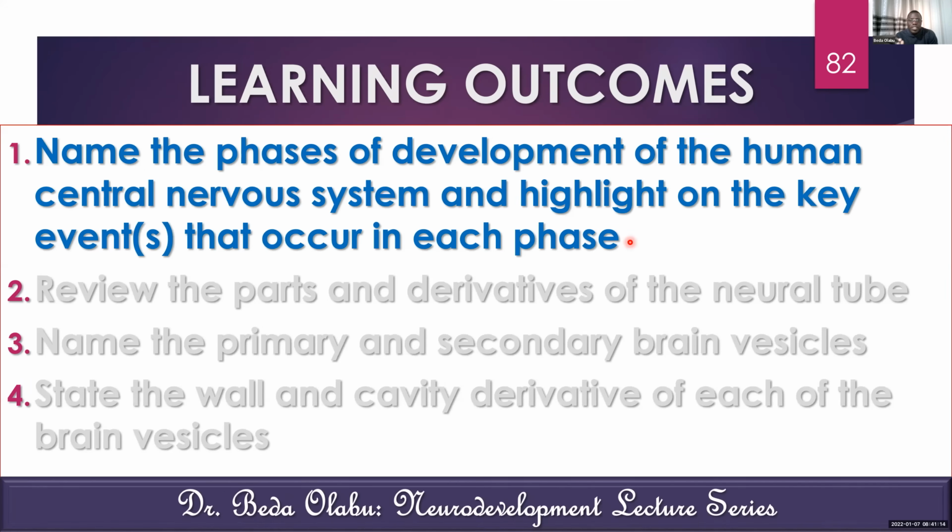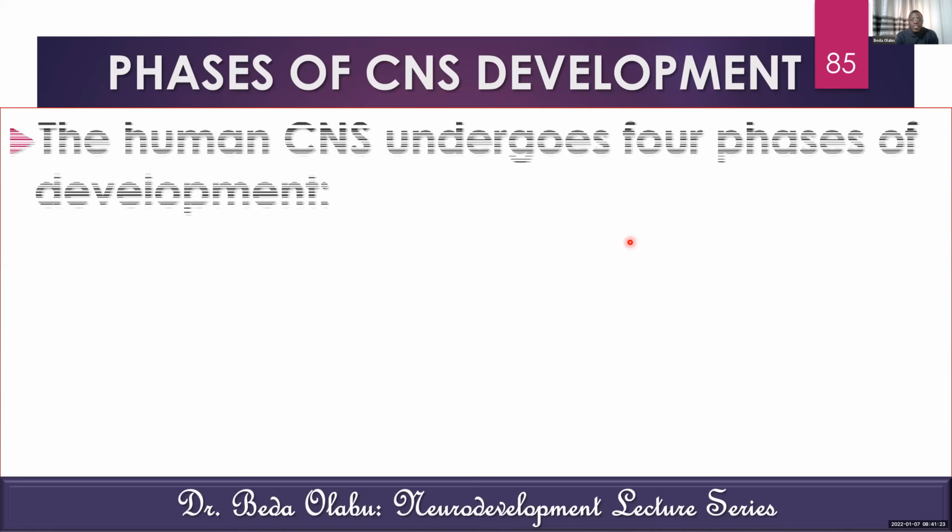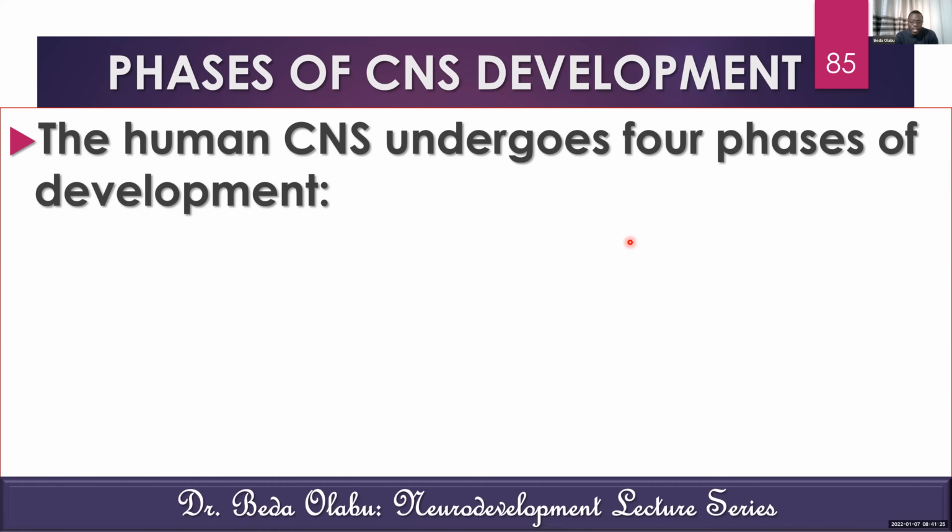Let's start with just highlighting that first agenda. What are the phases of development of the human central nervous system? As I've already mentioned to you, the human central nervous system develops in 4 phases. We have the phase of dorsal induction, which involves formation of the neural tube.